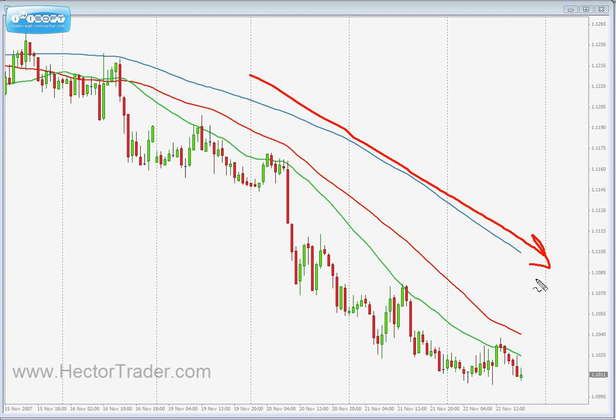No matter the market, the only way to achieve some sort of consistency in this business is to always trade with the trend on your side, with the moving averages pointing in the trading direction, and that's the way I personally do it.